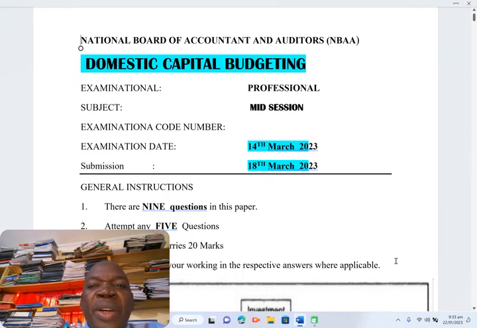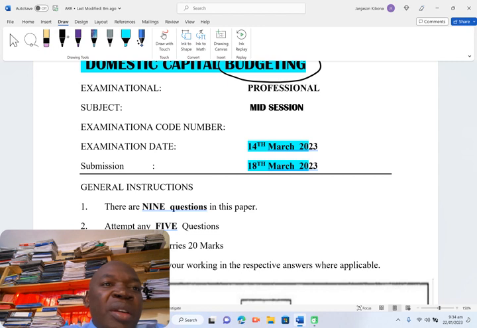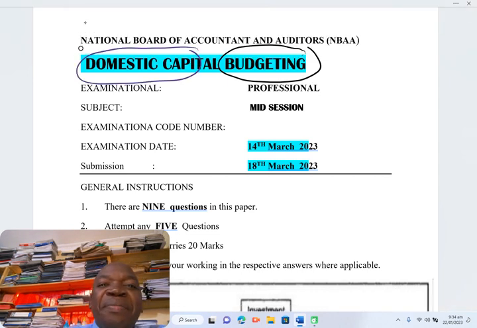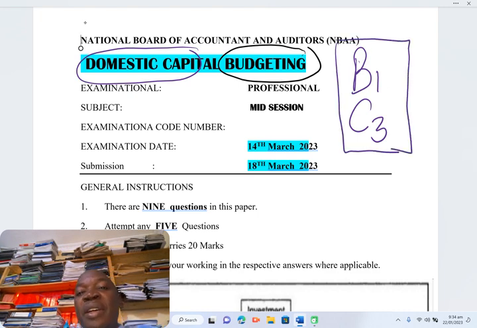Okay, today we are going to discuss an issue relating to capital budgeting, and particularly domestic capital budgeting. This topic is in line with the one in financial management and also C3, corporate finance.